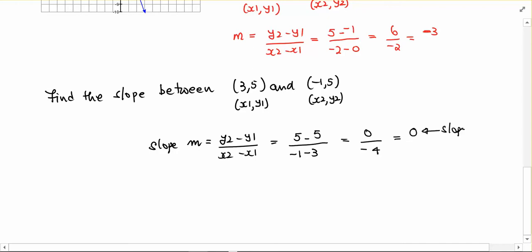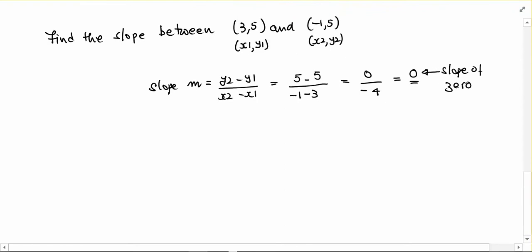Now don't say this has no slope. The slope value is 0. What sort of line is that? What sort of situation is that? Well, let's take a look. Let me draw a grid.